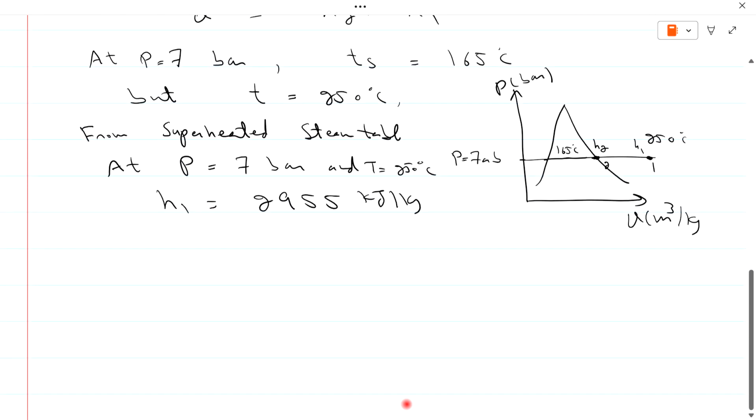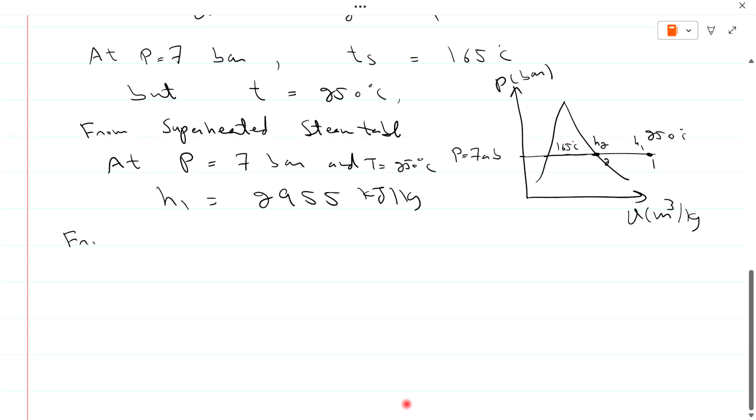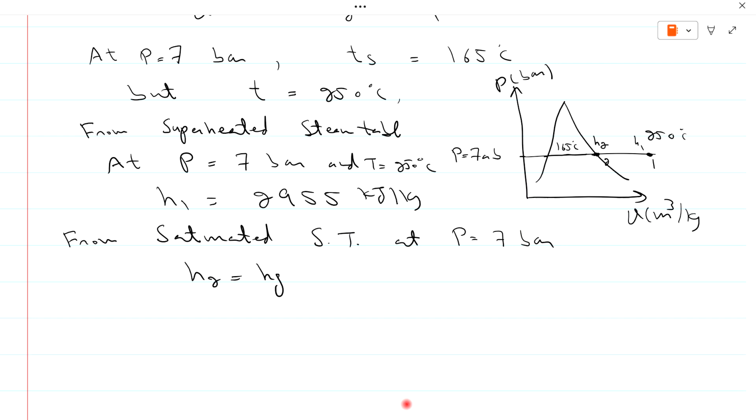And H2 is equal to Hg. So from the saturated steam table, at pressure equal to 7 bar, H2 is equal to Hg is equal to 2764 kilojoule per kg.